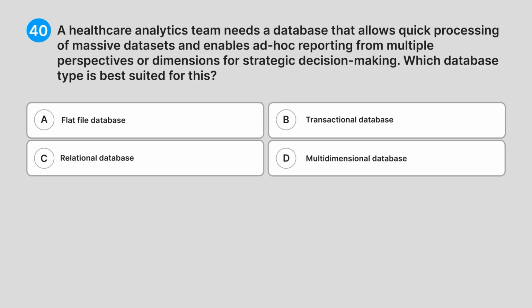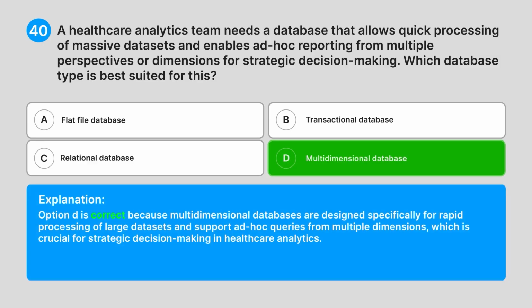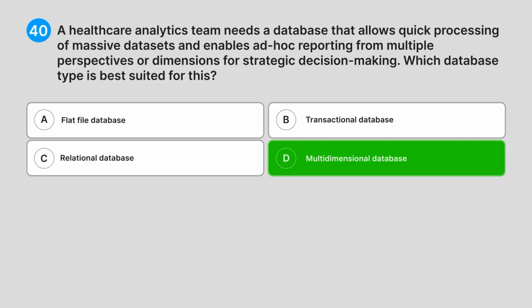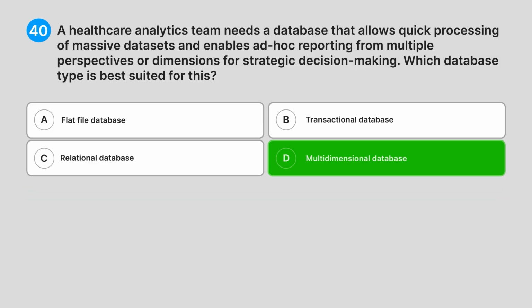Correct answer, D. Multidimensional database. Explanation. Option D is correct because multidimensional databases are designed specifically for rapid processing of large datasets and support ad hoc queries from multiple dimensions, which is crucial for strategic decision-making in healthcare analytics. Option A is incorrect because flat file databases are simple, single table structures that lack the ability to handle complex multidimensional analysis.